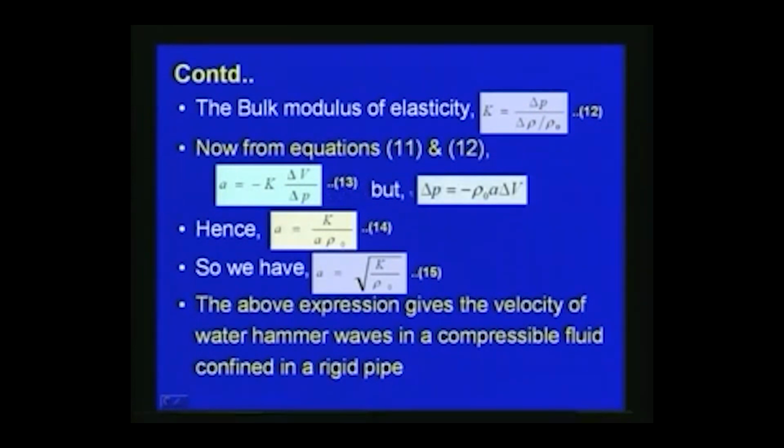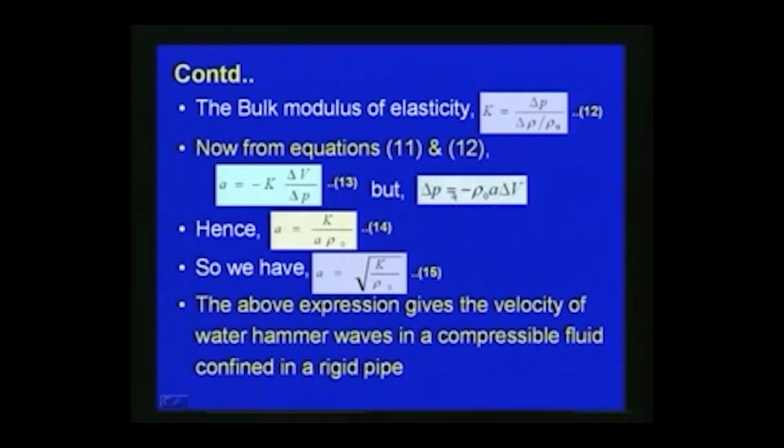Here we got a relationship for the water hammer velocity with respect to the bulk modulus of elasticity K, the change in velocity delta V and the change in pressure delta P.